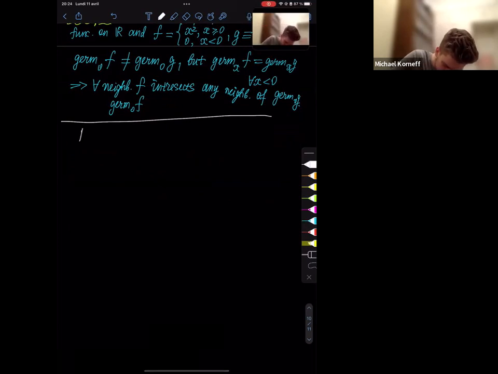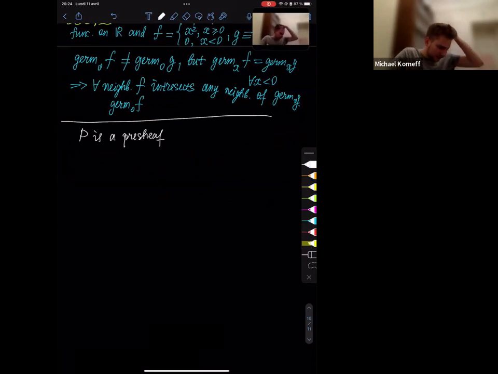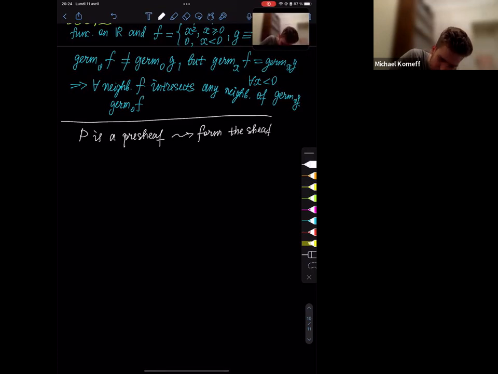Consider a given presheaf P. For this presheaf, we can form the sheaf gamma lambda P, which consists of all sections of the bundle.